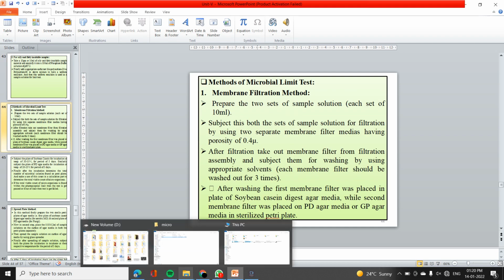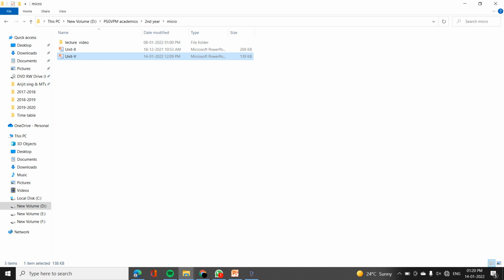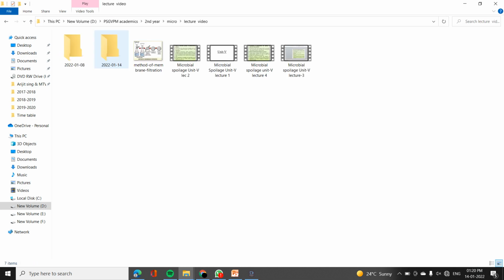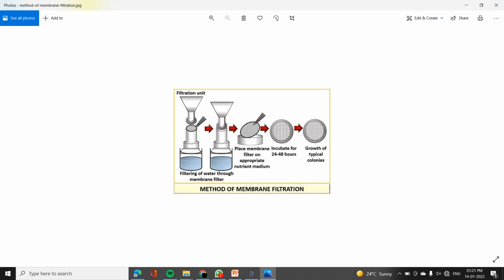In the previous lecture I showed you the image of what kind of membrane filter we use. I am showing you this picture again: this kind of assembly is used in the membrane filtration method. Here the membrane filter is placed.